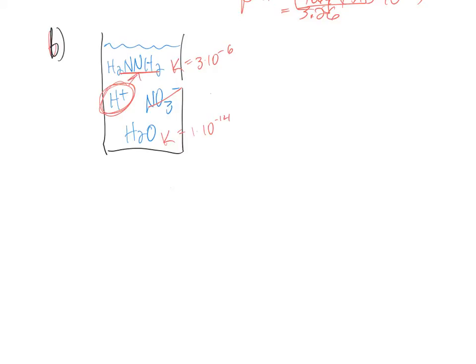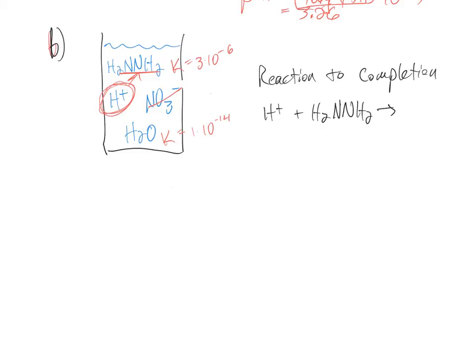That is going to be the base with which hydrogen reacts to completion. So we have hydrogen and H2NNH2 reacting to become, what happens in the reaction to completion is just the proton tacks onto the base. By definition, bases are substances that receive hydrogen ions.